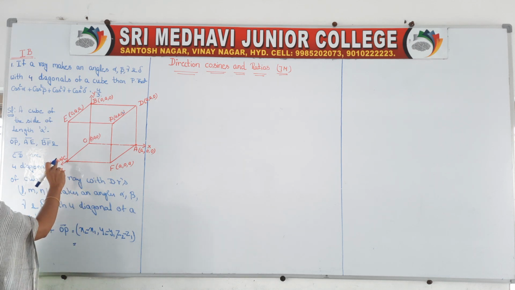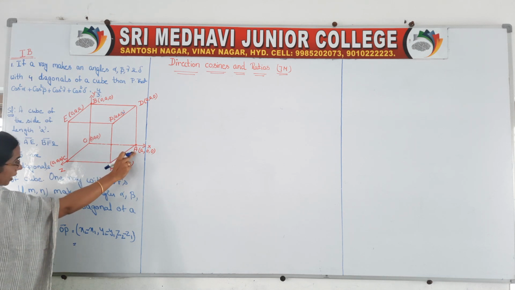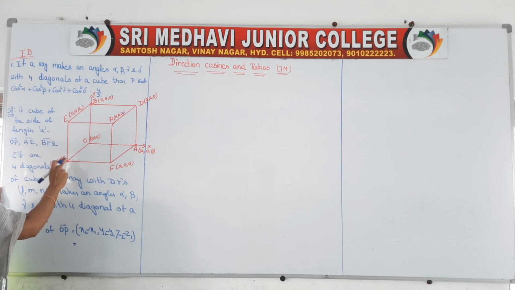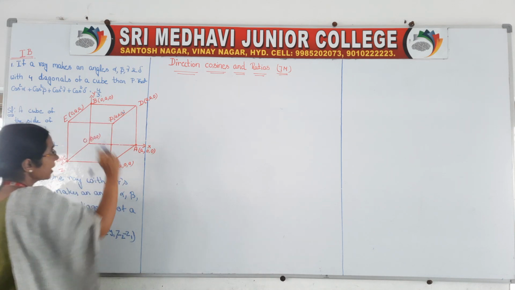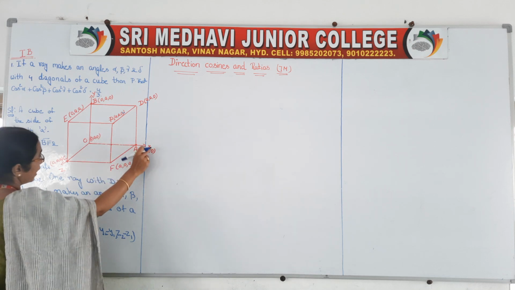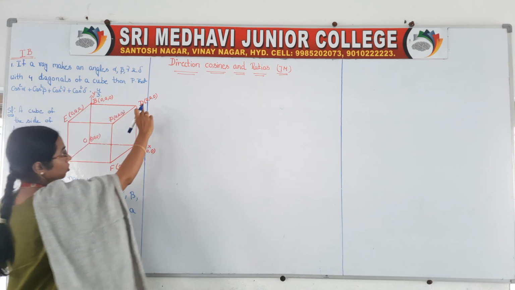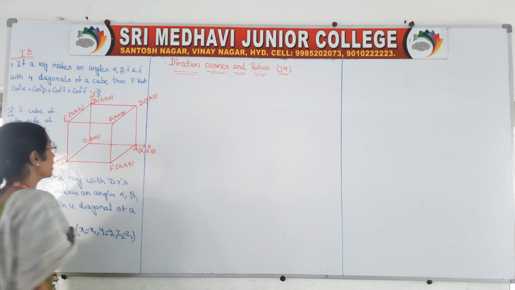Okay, so here if we want to take A point (A, 0, 0), B point (0, A, 0), C point (0, 0, A) and D, come to this D. D is the point in xy plane, right? XY plane. So you will have x coordinate, y coordinate, z coordinate will be 0.